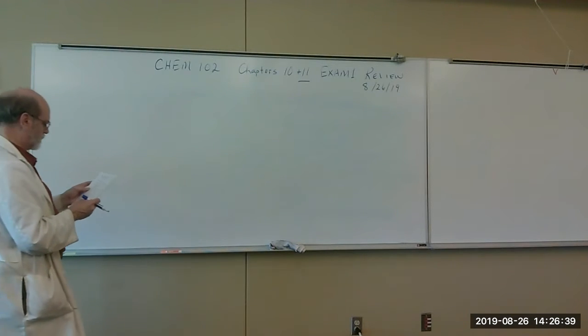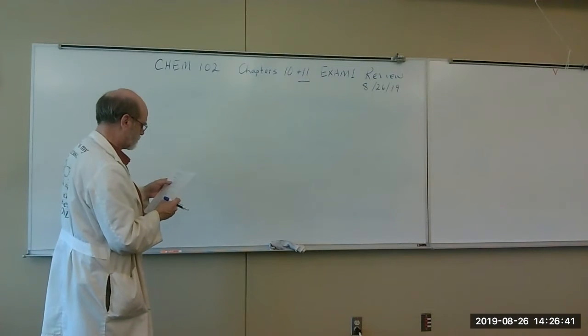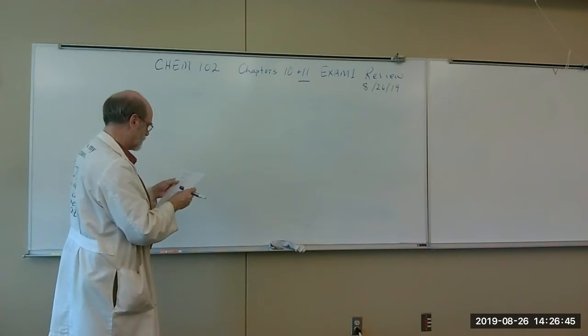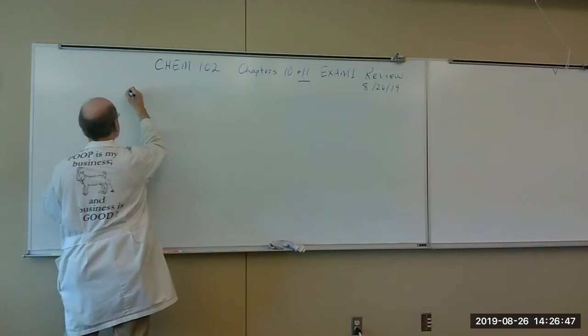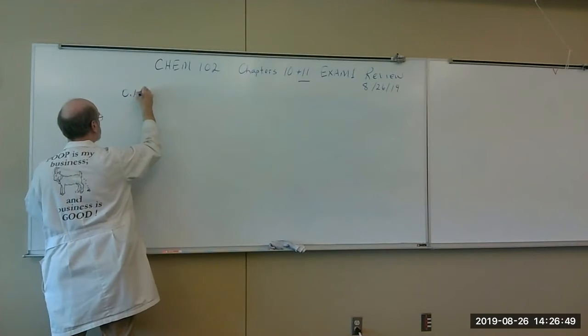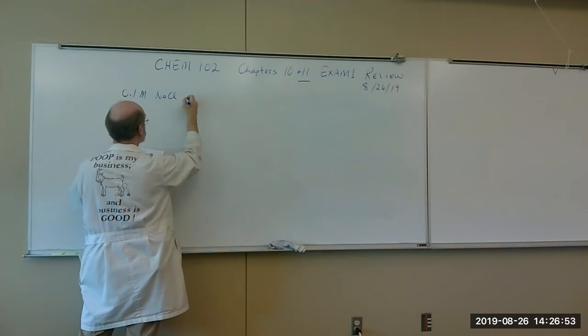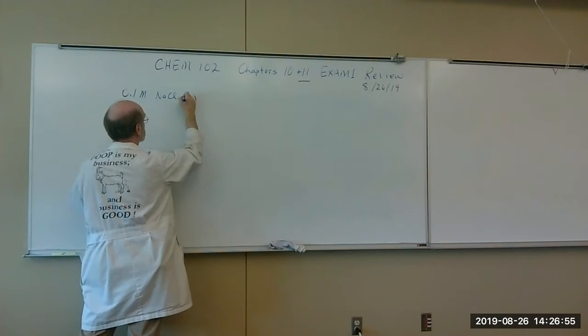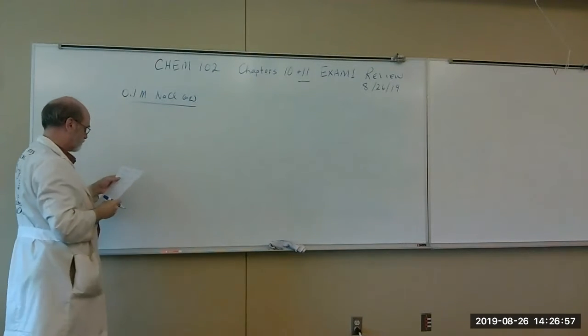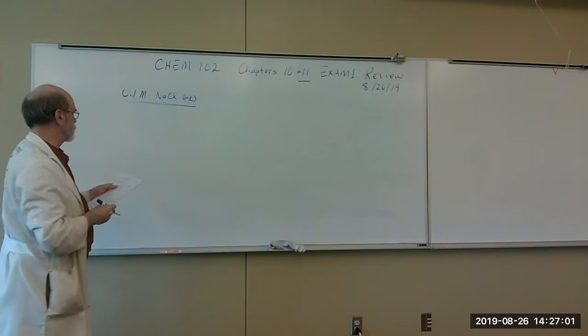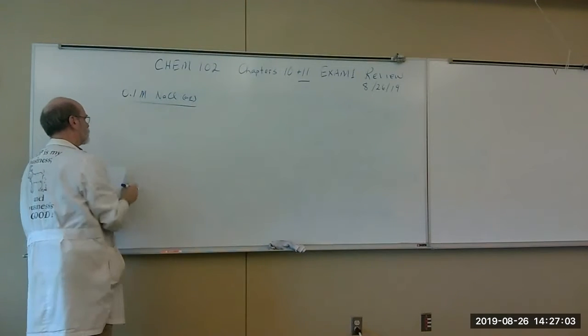Why don't you take this one? So, if we start off with a 0.1 molar sodium chloride aqueous solution, okay, that's our starting point. Which one of the following will be closest to that actual value?